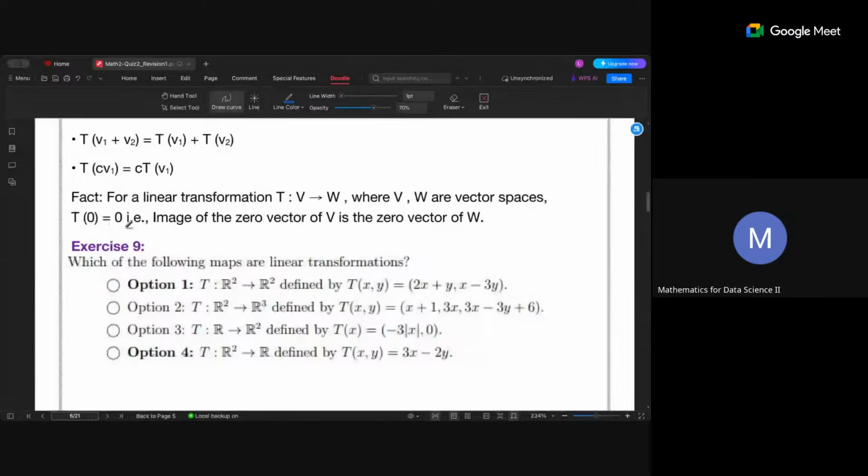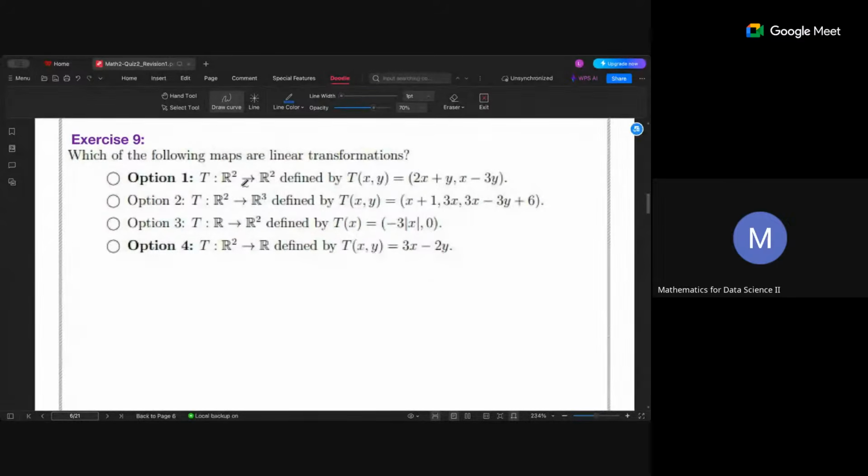So you have to check whether these are linear transformations or not. But here, I don't want to straight away look at these. Can you all tell me what is the general expression for each of these transformations? How does it look in general? T of A1 is 3. A, B, C, D are real numbers.